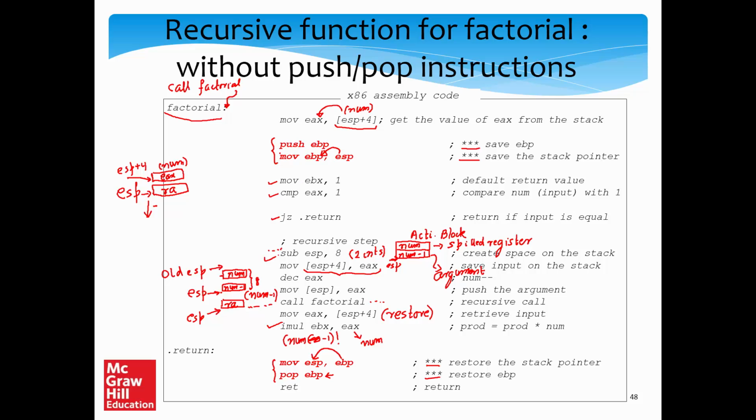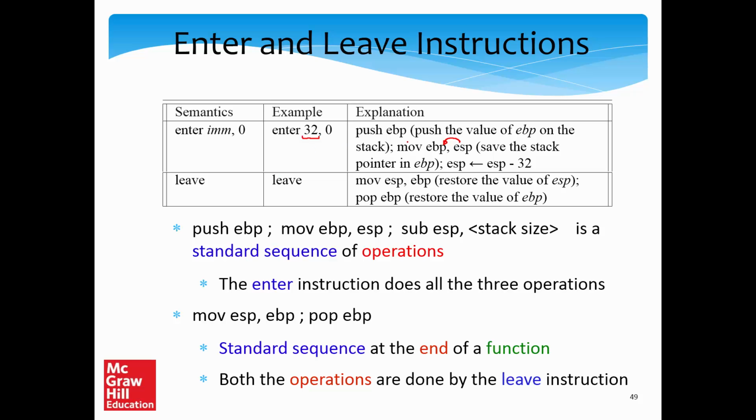First, it is doing the job of pushing EBP, putting ESP to EBP, and so the job of this instruction and this instruction are all being done by one instruction, which is essentially storing the value of EBP on the stack, setting EBP to the stack pointer, and creating the activation block by subtracting the size of the activation block from the stack pointer.